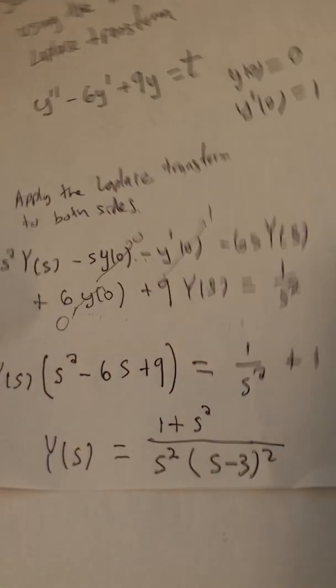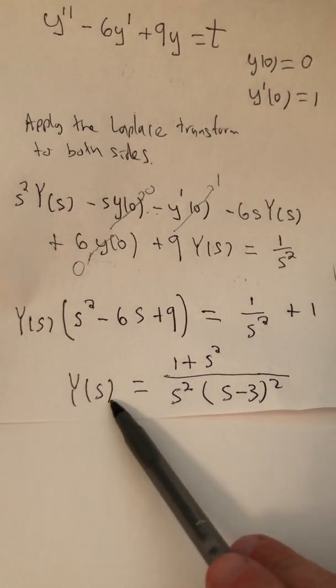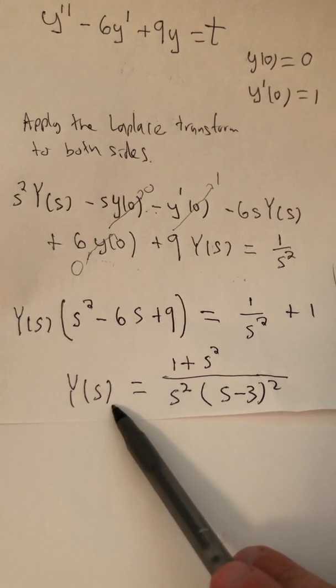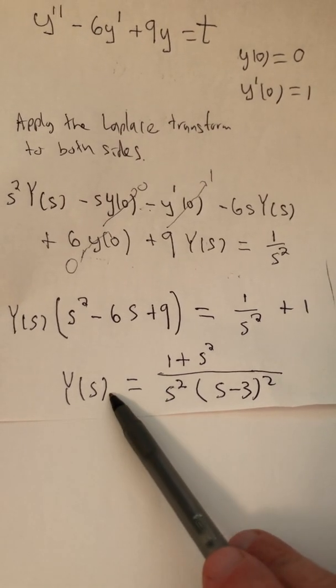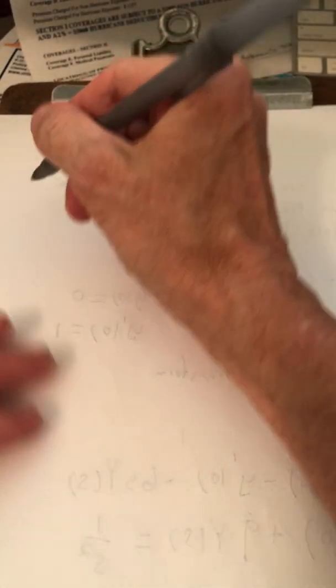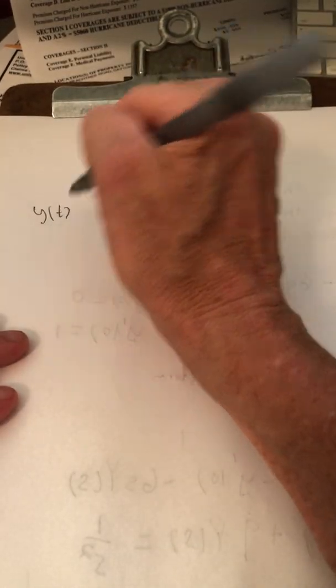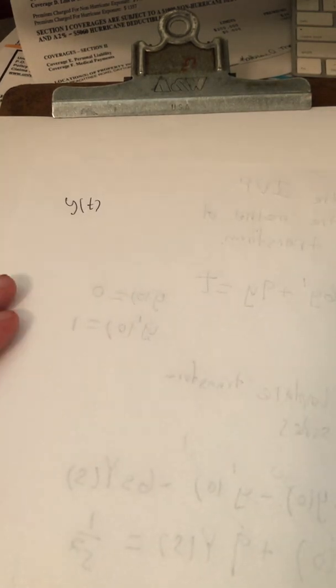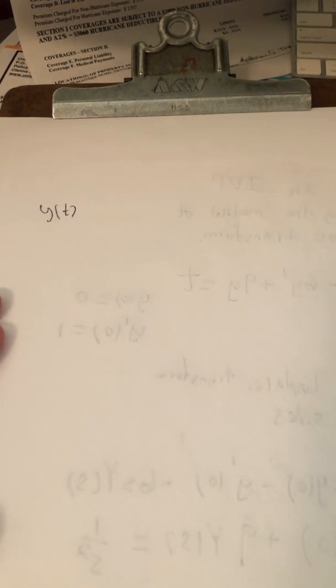So again, Y of s, this is our transformed function. All we have to do now is invert. Once we invert this, then the problem is finished. Now it's a little bit of a challenge in this case because of the algebra involved, but we can do it.